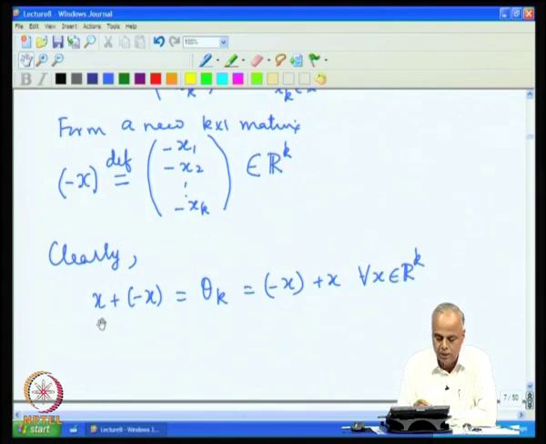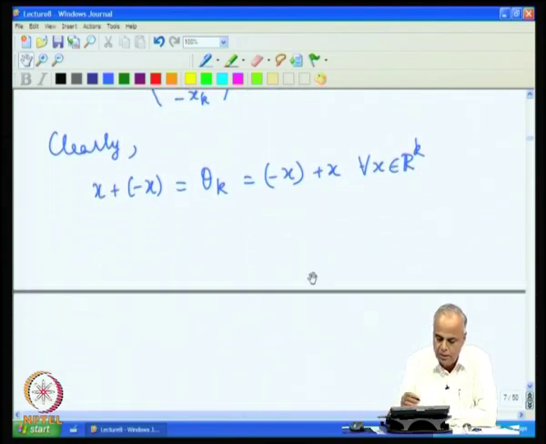In the real numbers, we had a number plus its negative is 0. Now, we have an element of R k plus its negative is the 0 element of that space. So, this is the third important property.